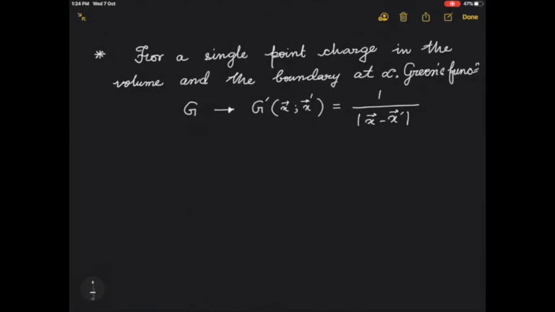Now, let's look at this a little bit. This is a very particular case that we have looked at, where I have the boundary at infinity. But let us consider the following case.